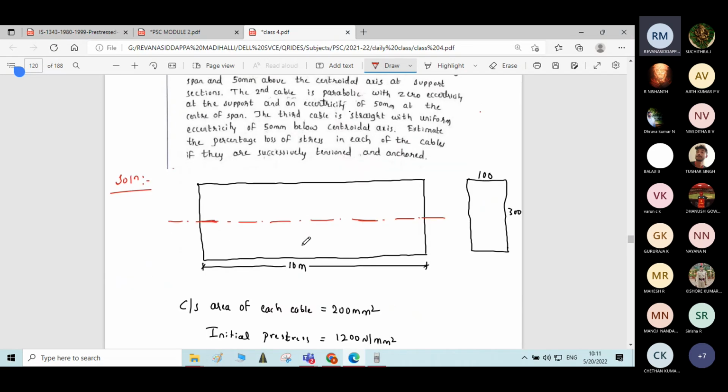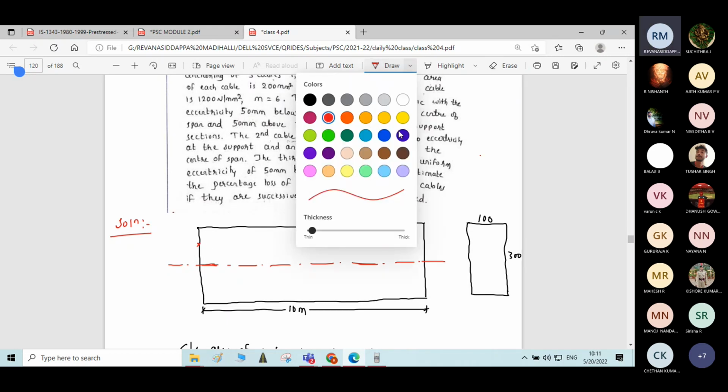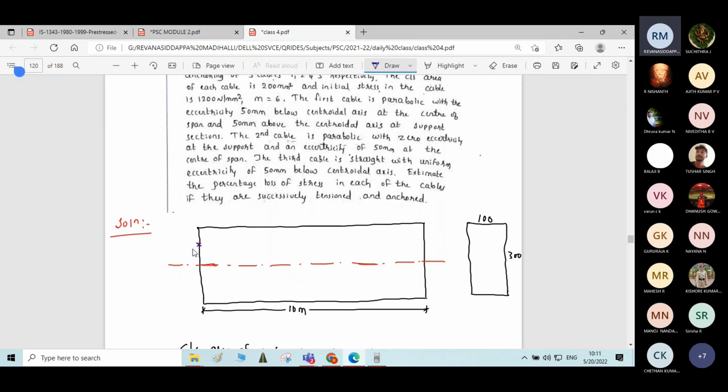So at the center it is 50 mm eccentricity, and 50 mm above the central axis at the support. So this is the profile of the first cable.